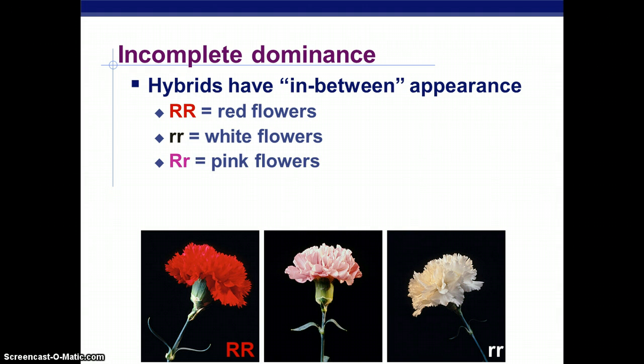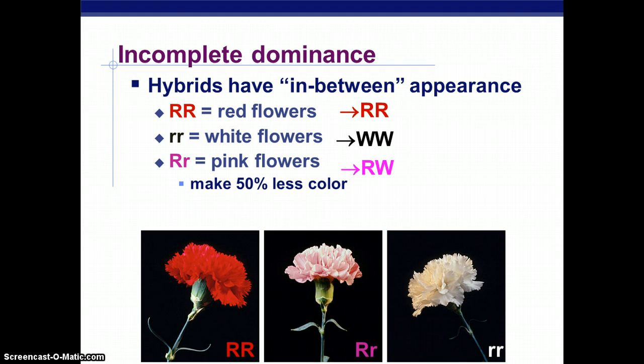But if you are heterozygous, meaning you have one big R and one little r, then you end up being pink. That's because that dominant R makes 50% less color than if it was big R big R, or it had no color with little r.